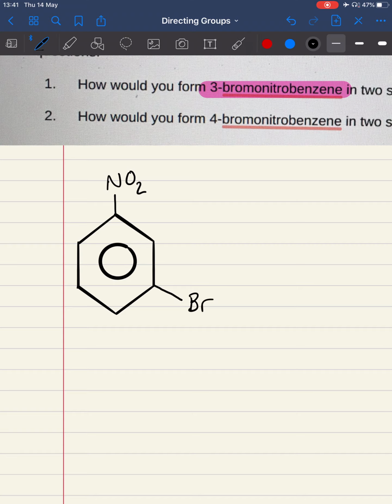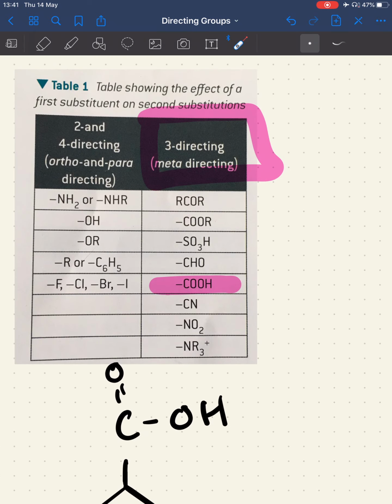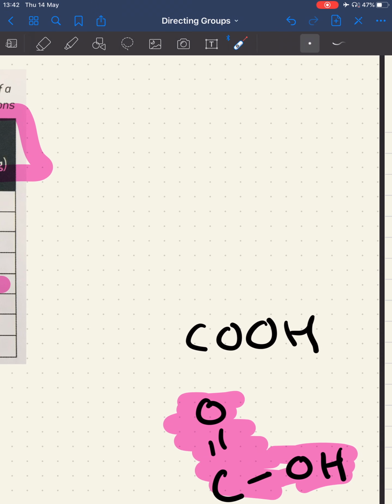Because we've got first carbon, second carbon, third carbon. What do we know about NO2? We know that it's 3 directing. Going back to some of the previous tables, we know that any of the halogens are 2,4 directing.